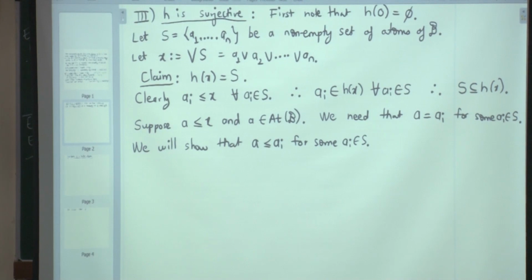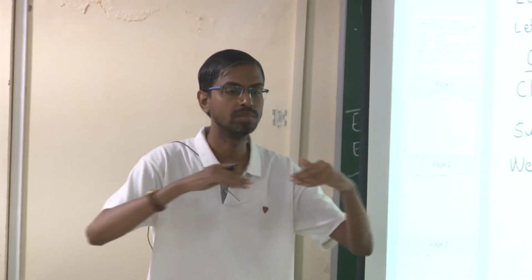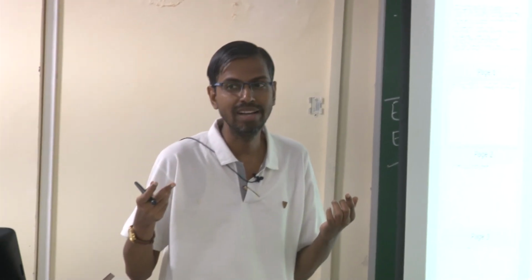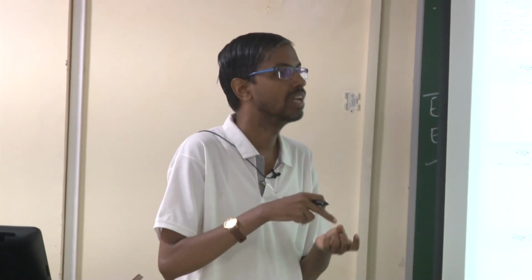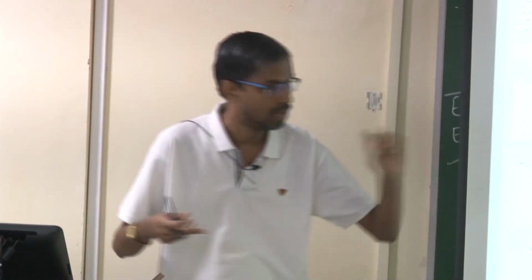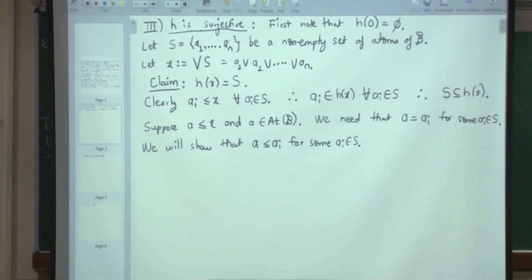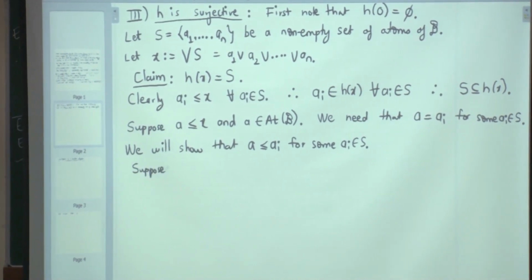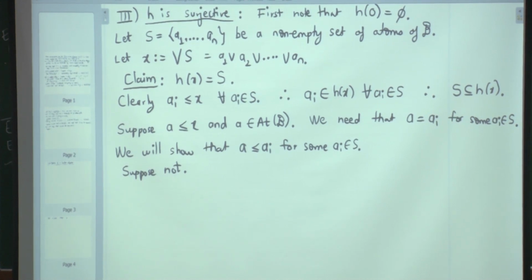Okay, so now think about this. Atoms are always non-zero minimal elements. Even if I say A is less equal Ai, what do I get? Equal. Because A cannot be 0, it always has to be equal. Okay, so simple idea. A is less equal Ai. Suppose not. But now because we have less equal, we can use something different.